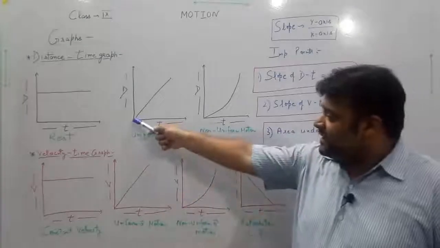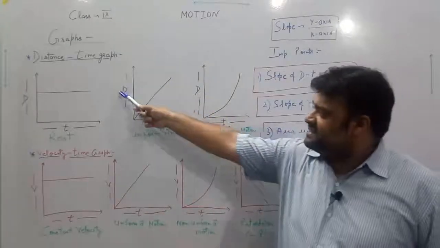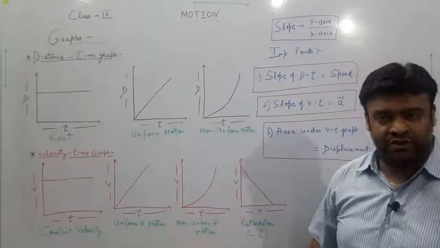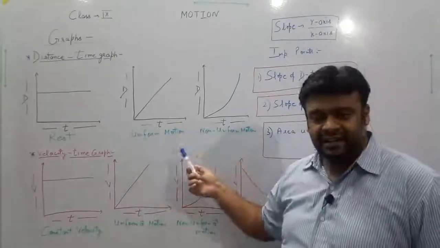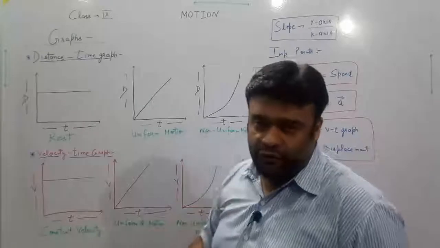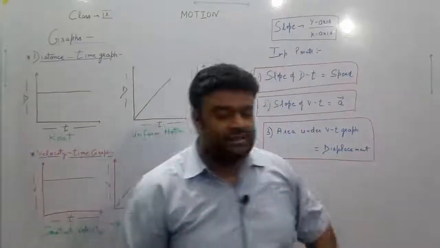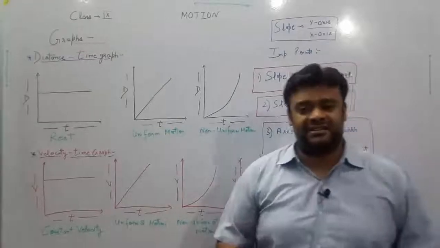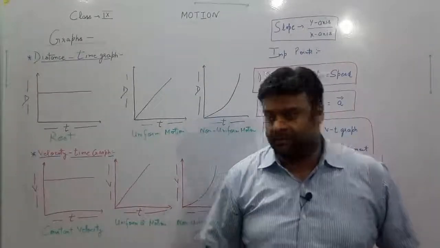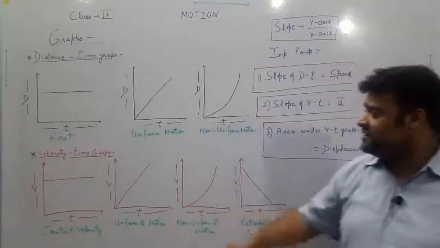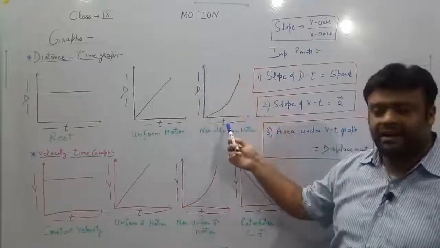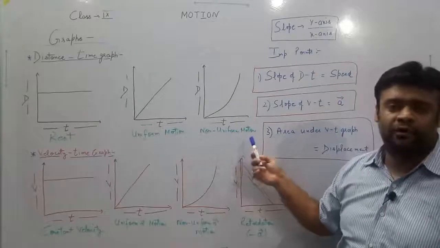Now, if there is a straight line in the distance time graph, then it represents uniform motion of the object. We have discussed uniform and non-uniform motion. Uniform motion is a type of motion in which the object covers equal distance in equal time intervals. In the third condition, if this type of curve is there in the distance time graph, it represents non-uniform motion.